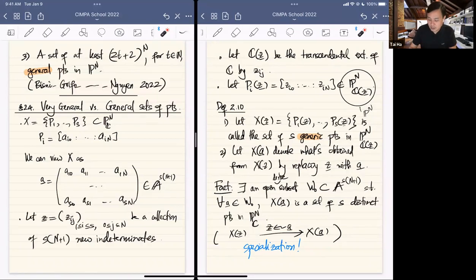Instead of working downstairs, where you have a lot of sets of points, you go directly upstairs, where you have just one very specific set of points, prove whatever you want, and then use the philosophy that if something is true up here, then it's almost always true down here. That's the meaning of specialization.